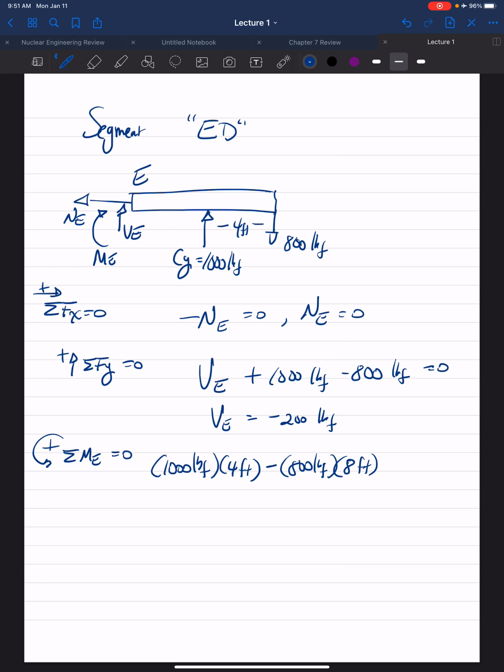And we have to account for our bending moment ME. Solving for the bending moment, 2,400 pound-force feet. So we solve for the three unknowns, and the negative signs on the VE and ME indicate that they act in the opposite sense to what is shown in our diagram.